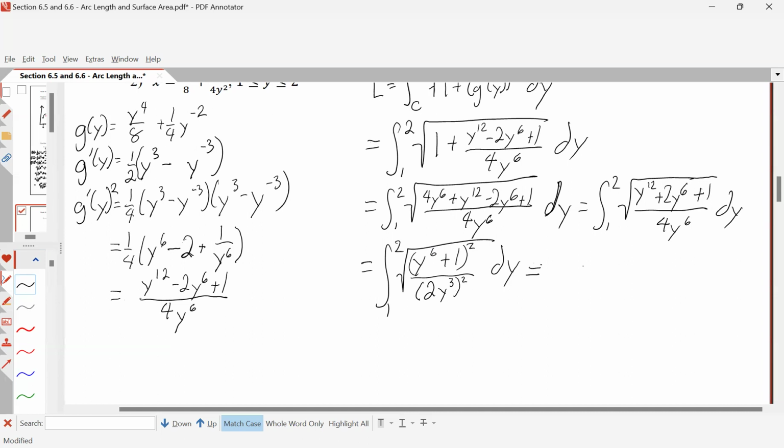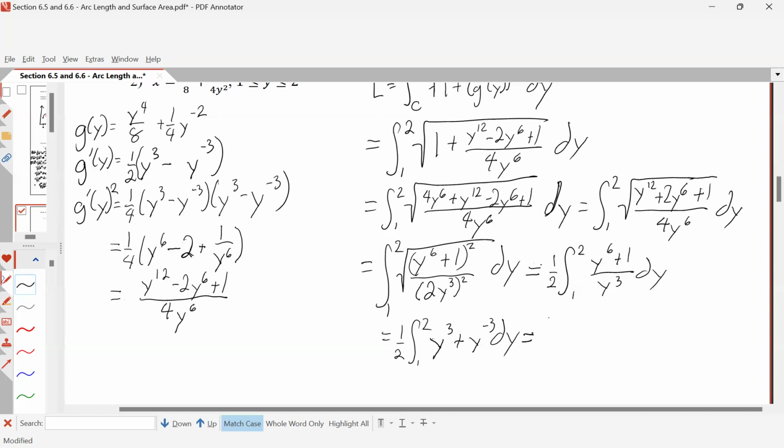Getting rid of the squares and the square roots that can cancel each other, now we have the integral from 1 to 2 of 1/2 times y to the 6th plus 1 over y cubed dy, or 1/2 integral from 1 to 2 of y cubed plus y to the -3rd dy.